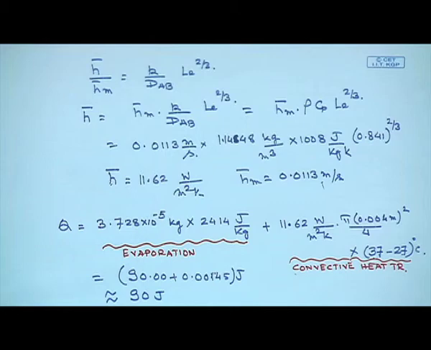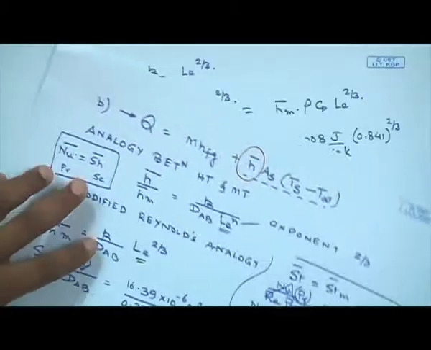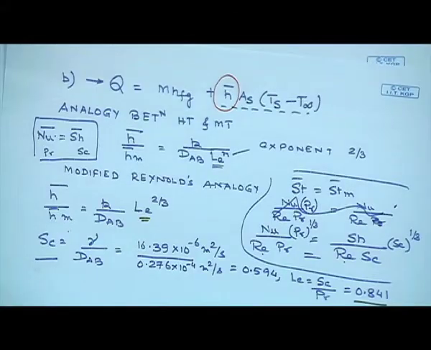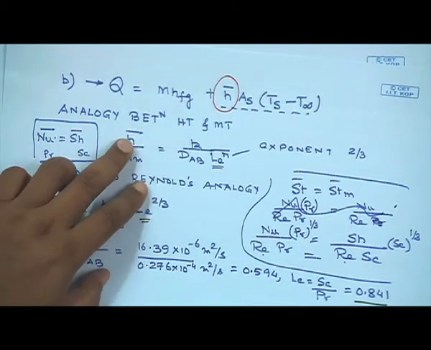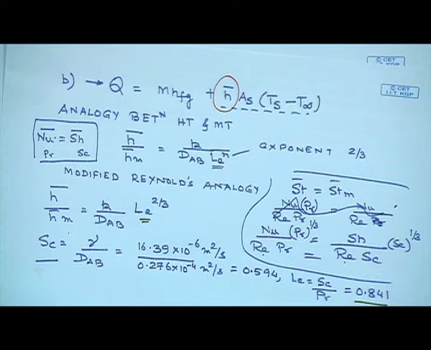The total energy would therefore be the sum of the evaporation energy and the energy required for natural convection. The relation for that, we have obtained by the analogy between heat and mass transfer.